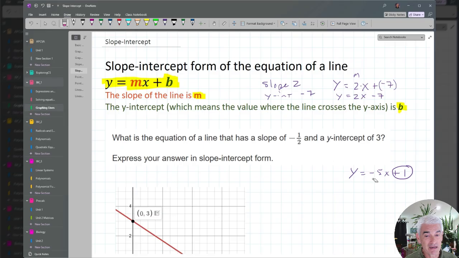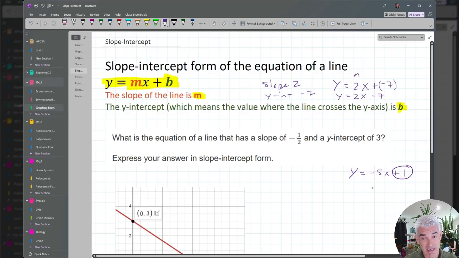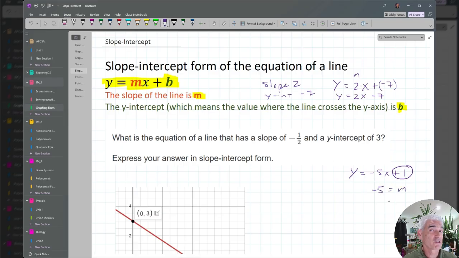So if you do have a slope that's a whole number, like in this case, -5 is what m is, we like to express the slope as the rise divided by the run. So we like to turn it into a fraction if it's not already a fraction. So we would put it over 1. So from any point on this line, you can go down 5 and then to the right 1.